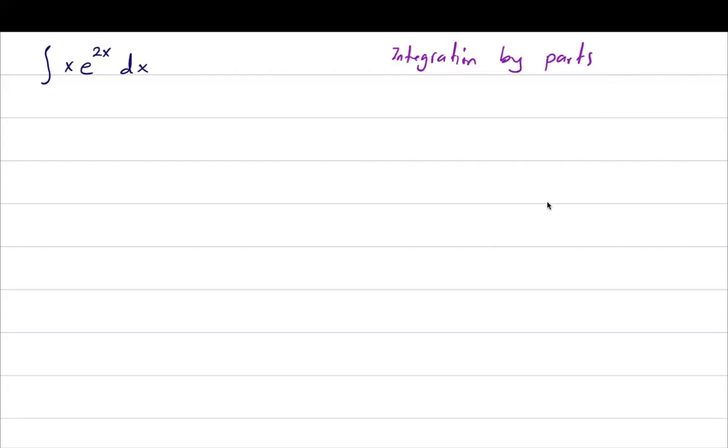When you're applying the method of integration by parts, let us have a good choice for our u and v.